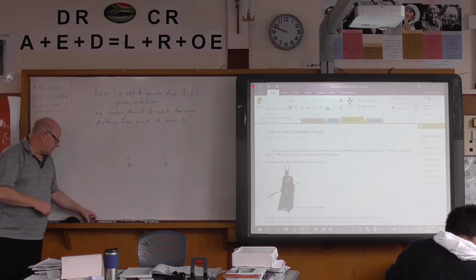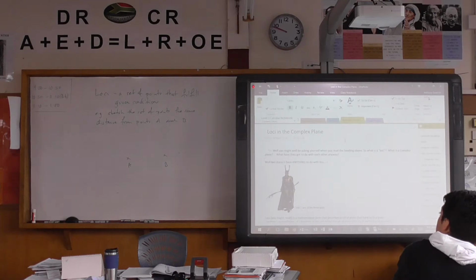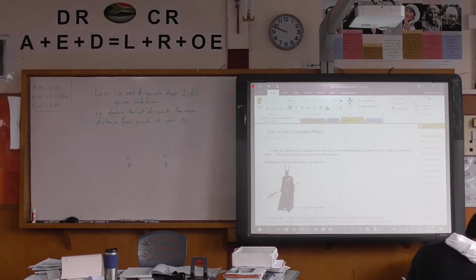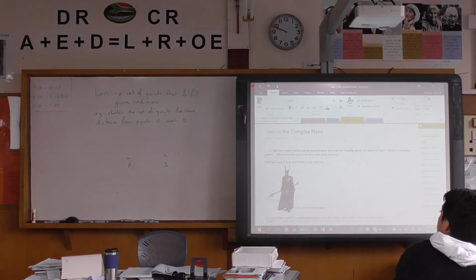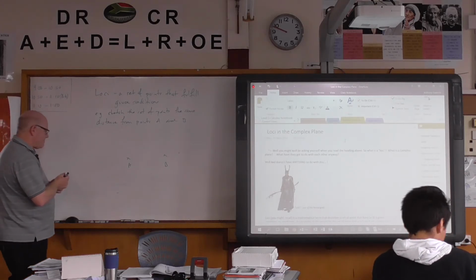Once again, sketch it and check with your neighbour. Sketch the set of points the same distance from points A and B. A Venn diagram? It's two circles.